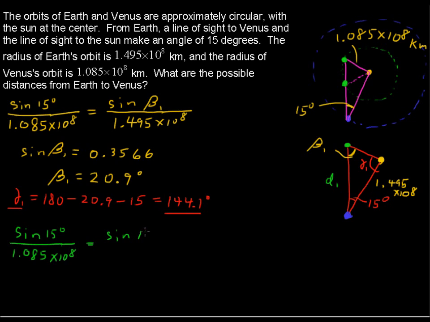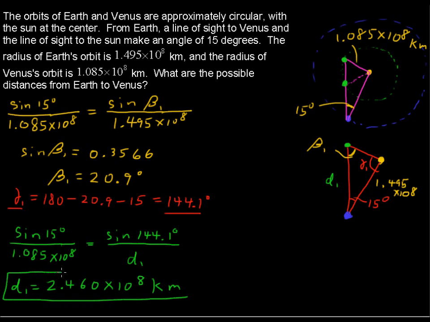So sine of 144.1 degrees over d sub 1. What is this distance? Okay, solving for d sub 1 gives us 2.460 times 10 to the 8th kilometers. So that's one of the possible distances of Earth to Venus.